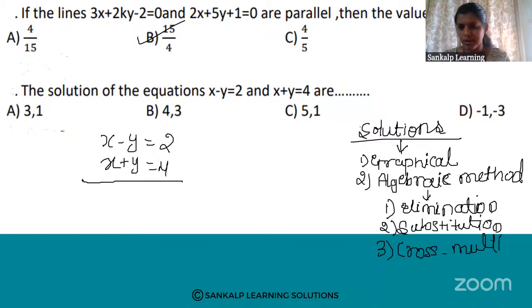First we will do the graphical method, that is, by plotting the graph we can find the solution. The other is the algebraic method, in which again 3 methods are there: elimination, substitution and cross multiplication.